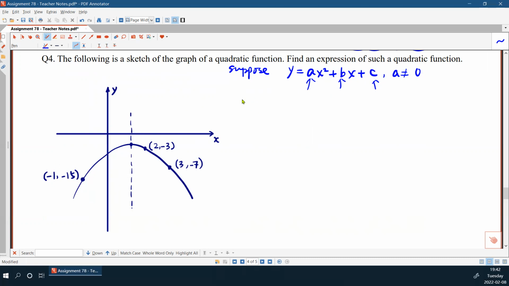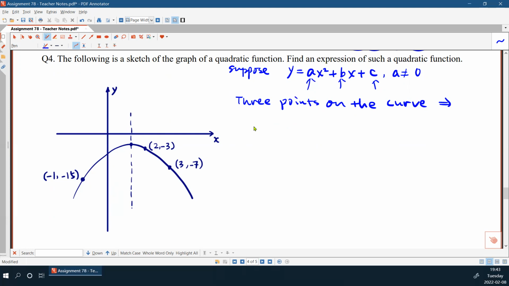So first of all, -1, -15 is on the curve. That means we can plug it in, right? Okay, let's write it this way. So basically 3 points on the curve means we can plug these 3 points back to the equation, right? So first of all, -1, -15.